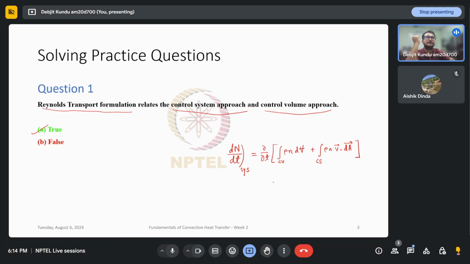And we have to remember that N is any extrinsic property, and small n is nothing but N per unit mass.